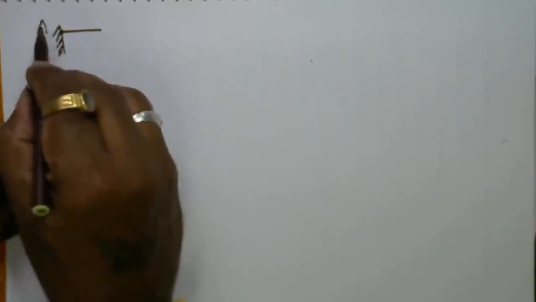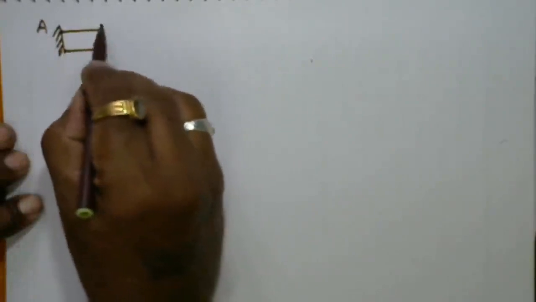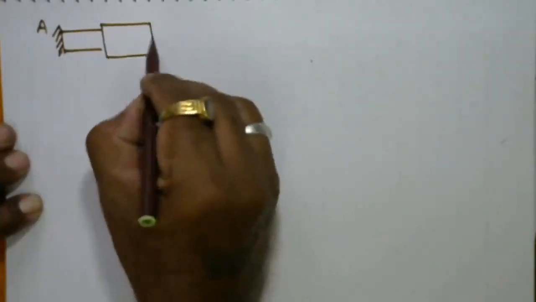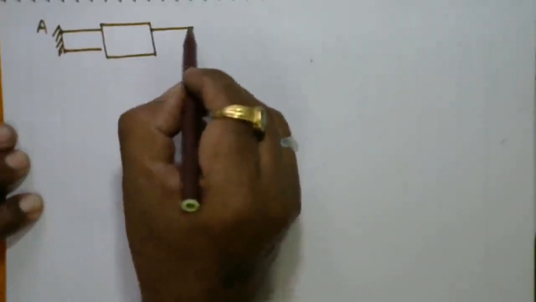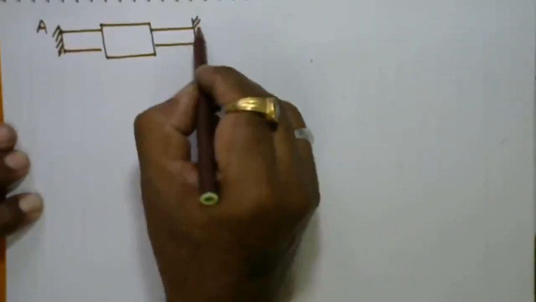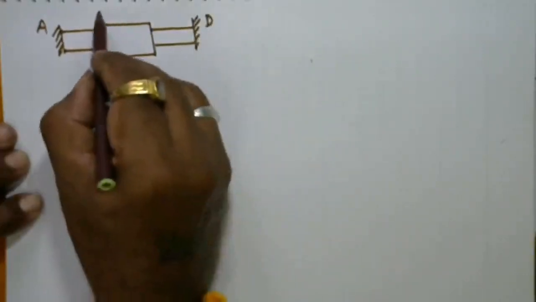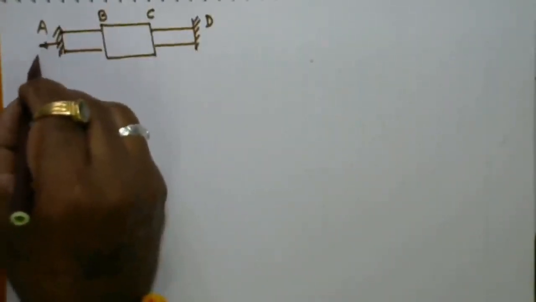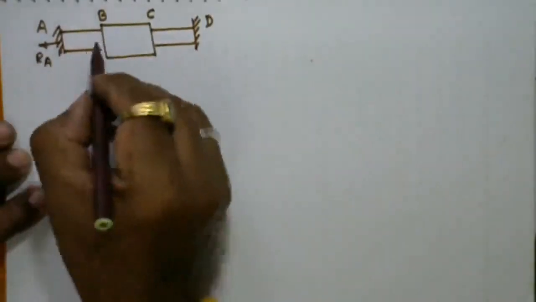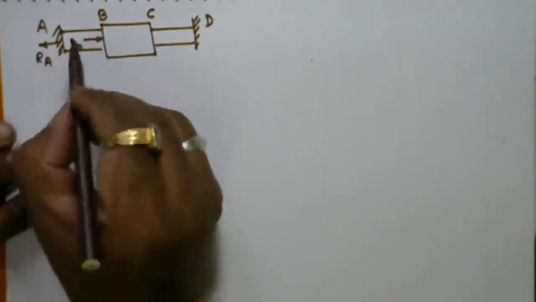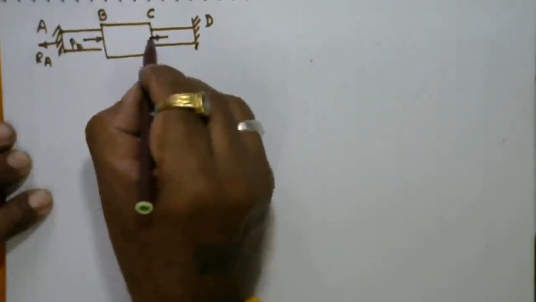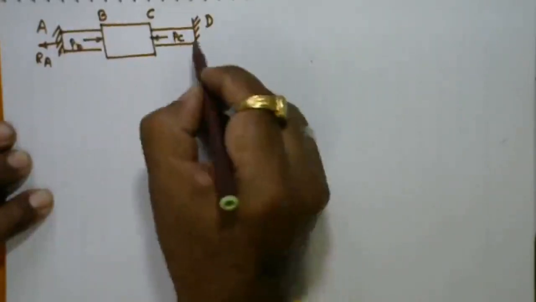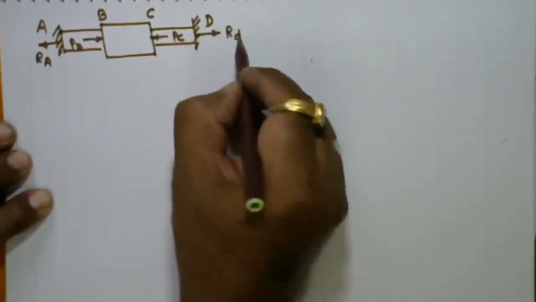The figure is given: the end support A, and here support D, with points B and C. In that case, reaction RA is acting at the point A, force PB is acting on this side, PC is acting in the leftward side, and the reaction is RD.